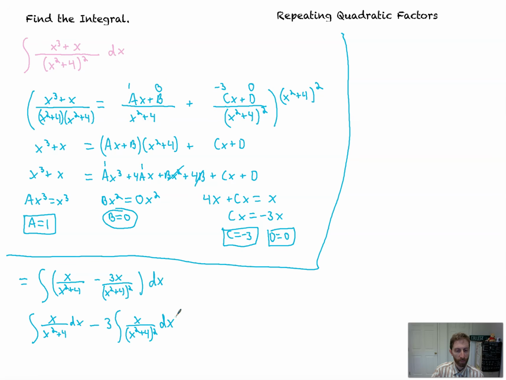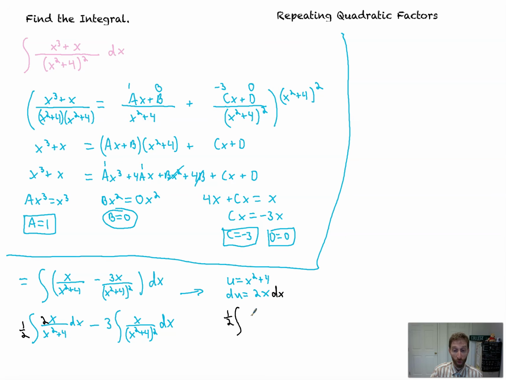Sweet. And what I'm going to do is let u equal x squared plus 4 here. So u equals x squared plus 4. du is going to be equal to 2x, and that's in both of those actually, technically. So how do we make a 2x? We've got a 2 here and a 1/2. So I'm going to end up with 1/2 the integral. 2x dx is du.